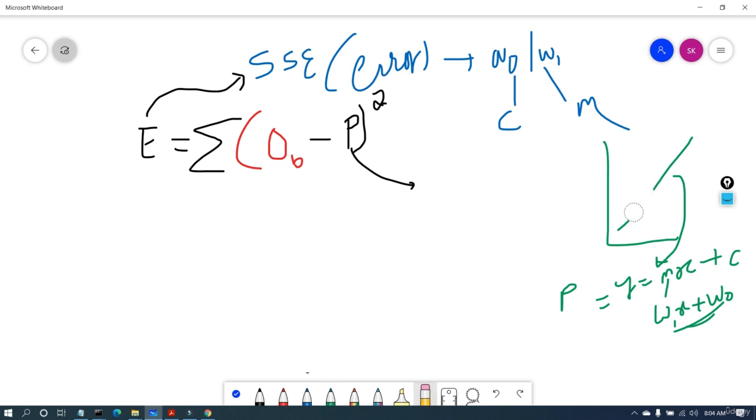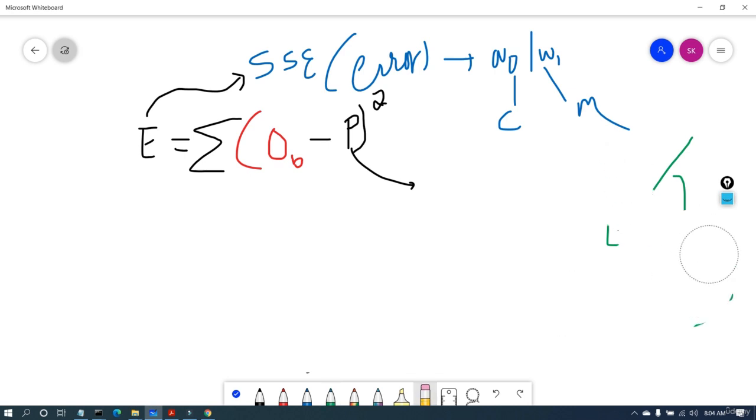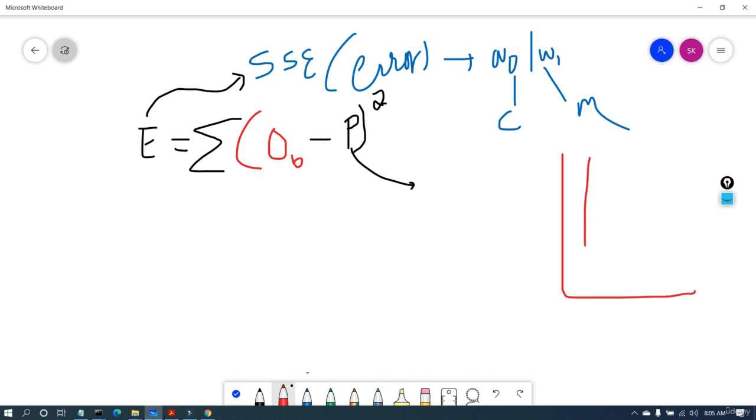Now let's do something related to the partial derivative. Why do we need this partial derivative? At the global minimum, where the sum of squared error is minimum, the slope of this curve, which is the slope of the SSE curve, will be 0.